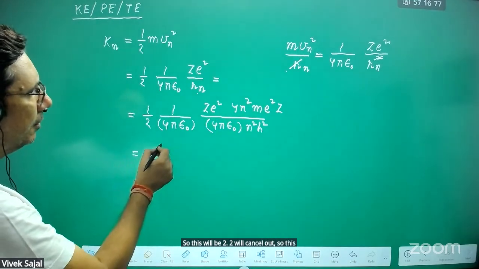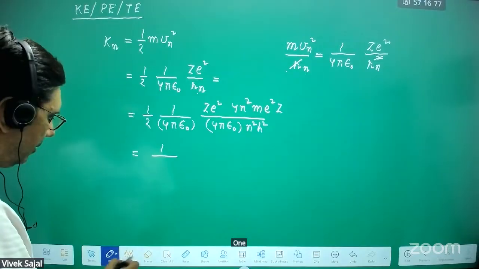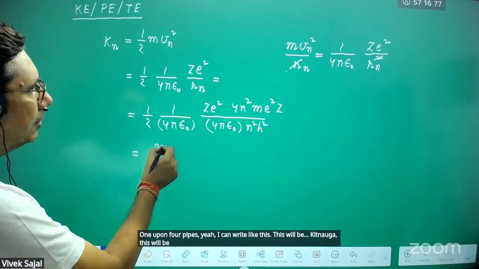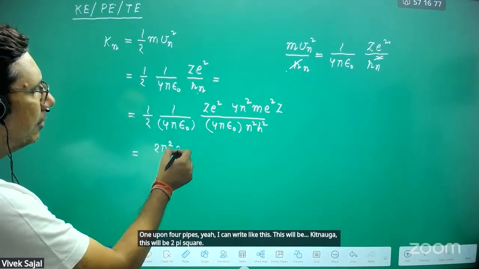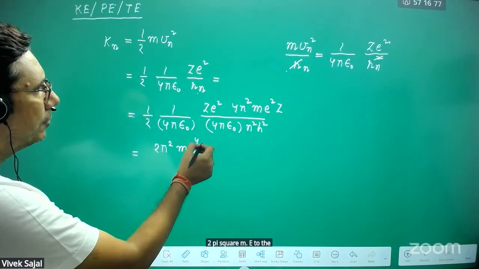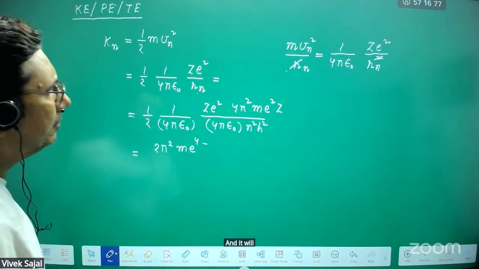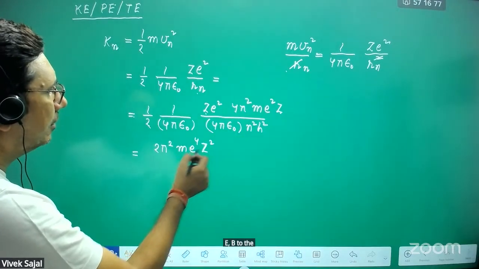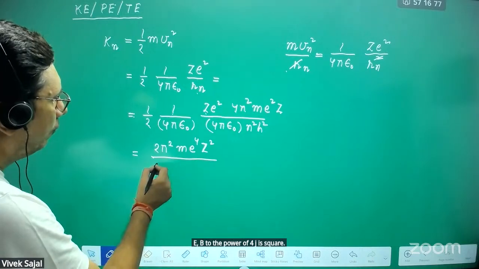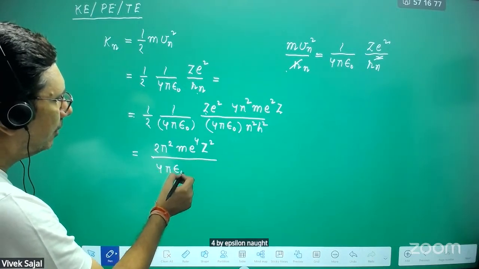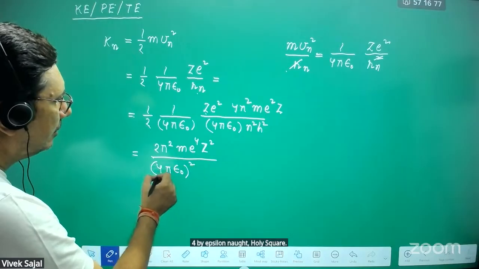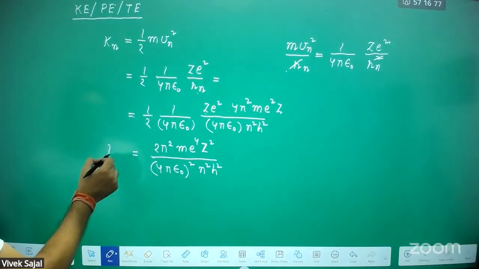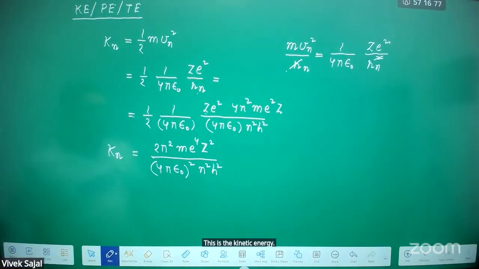This will be 2 pi square m e to the power 4, and one Z is here, another Z is here, so e to the power 4 Z square upon 4 pi epsilon naught whole square, and n square h square. This is the kinetic energy.